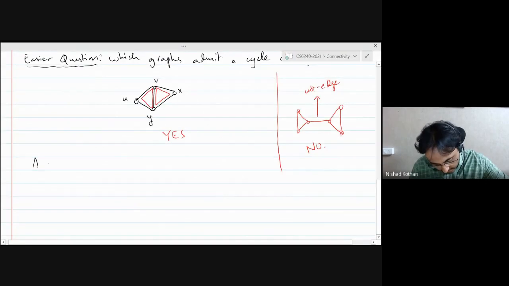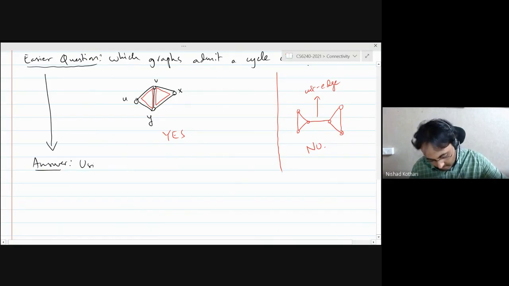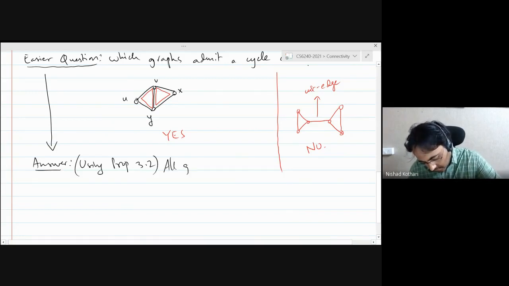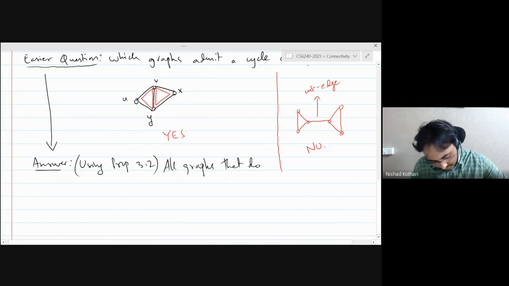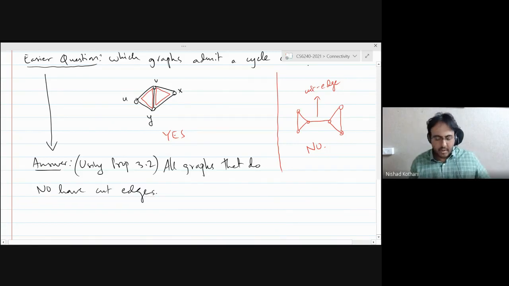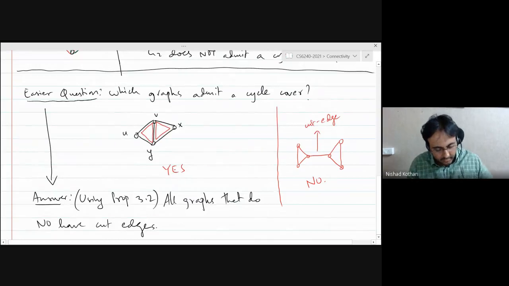So the answer to this question using proposition 3.2 above is all graphs that do not have cut edges. So it turned out that this easy question was very easy.